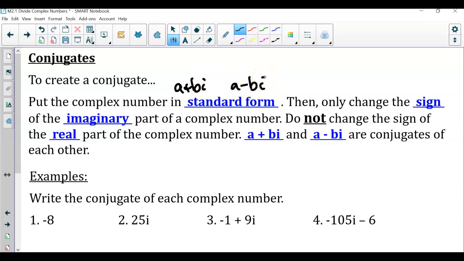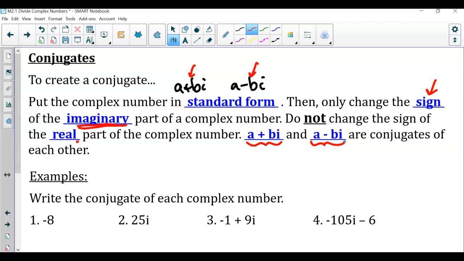Then we have to change the sign, but only of the imaginary part. Do not change the sign of the real part. We are only focusing on the imaginary, or in this case, our b. So here, a plus bi and a minus bi are conjugates of each other.